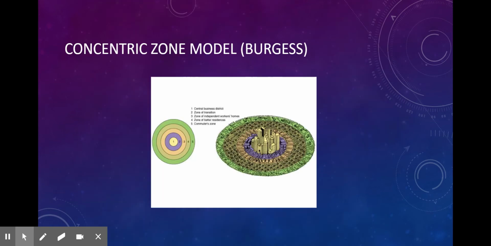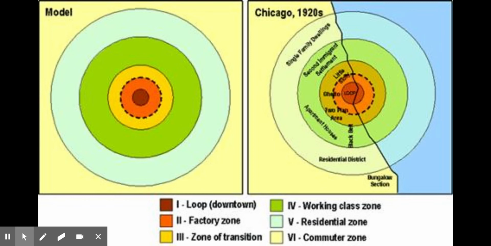All right, so here's a 3D version of the concentric zone model, where we have the CBD in the middle, and the zone of transition around it. That is the manufacturing zone in and around the commercial areas downtown. And then you have the residential rings on the outside. This is how we might apply it to a city in the 1920s.